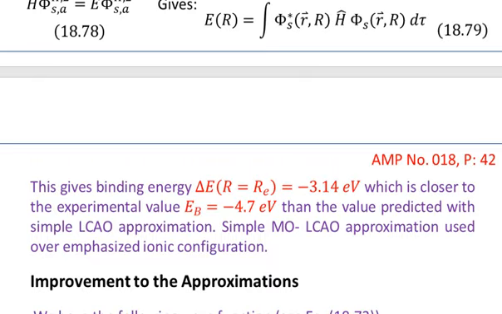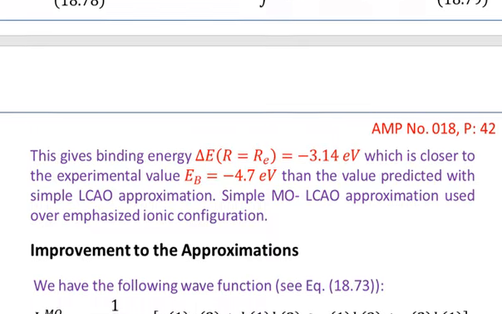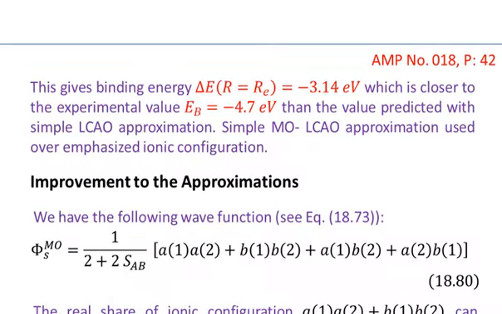Now you see that we want to minimize these differences in binding energies also. That is, we want the potential energy curves due to these two methods, the molecular orbital method under the LCAO approximation and the Heitler and London method, to be very consistent, very close to the potential energy curves obtained experimentally.